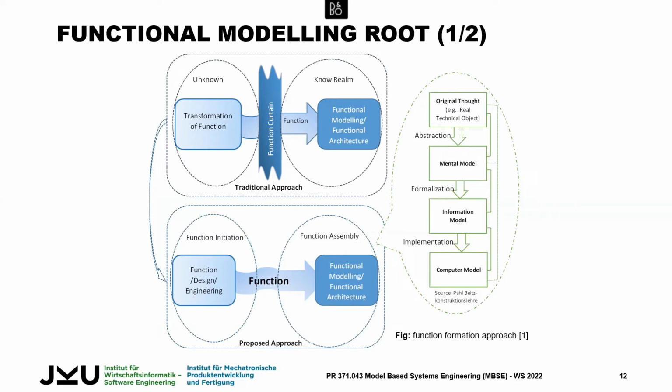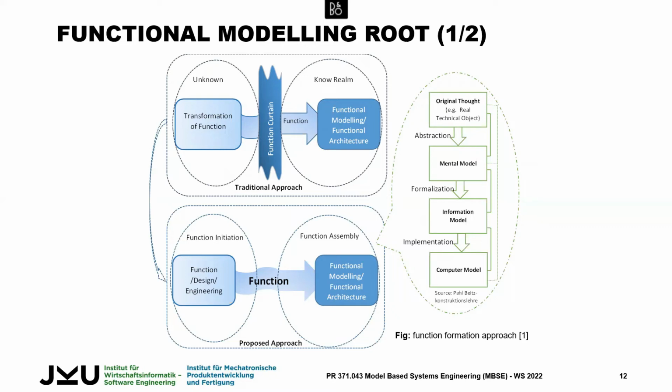So in the traditional approach, the transformation of functions is normally unknown. How? Because what is behind the functions? When we are bringing the functions from requirements, when we have the requirements engineering, then we are getting the functional requirements and non-functional requirements.